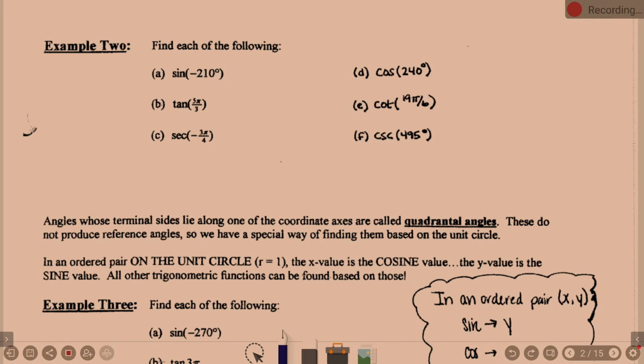So, as you look at sine of negative 210 degrees, it's close to 180, but it's in the negatives. Can we get it to the positives? What's another name for negative 210?